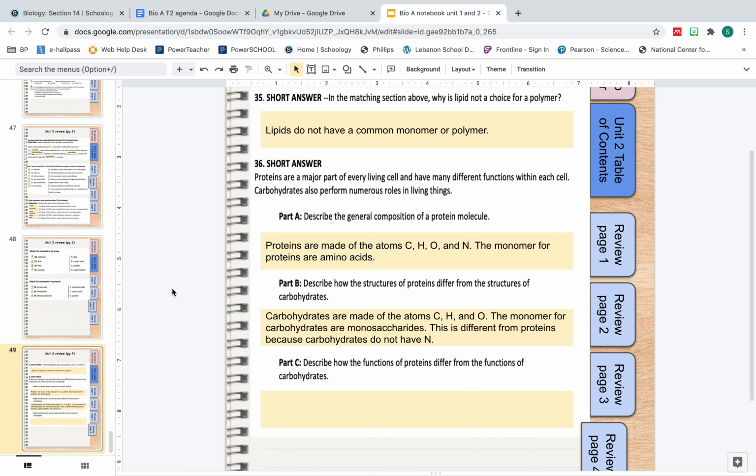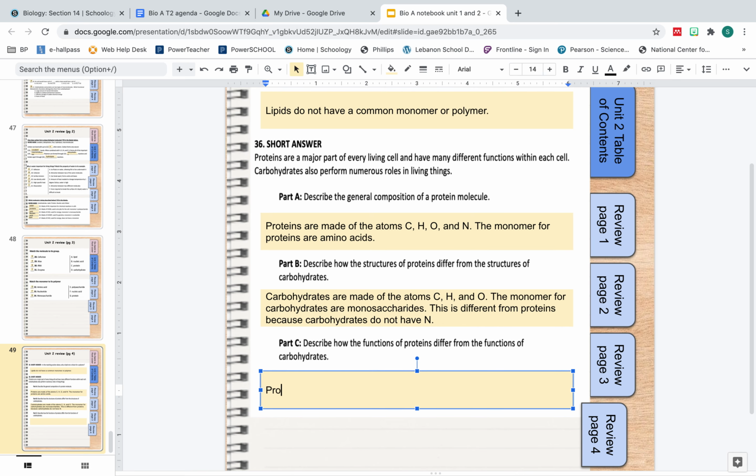Part C, describe how the functions of proteins differs from the functions of carbohydrates. So functions are what do they do? What does a protein do versus what does a carbohydrate do? Let's reword this. The function of proteins is to do... wait, I'm pulling this straight from your notes.